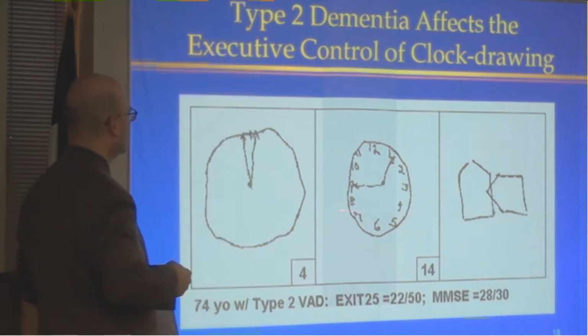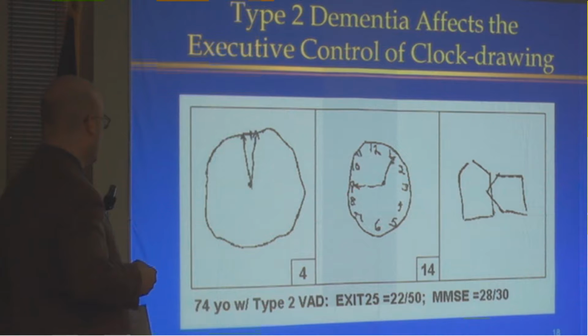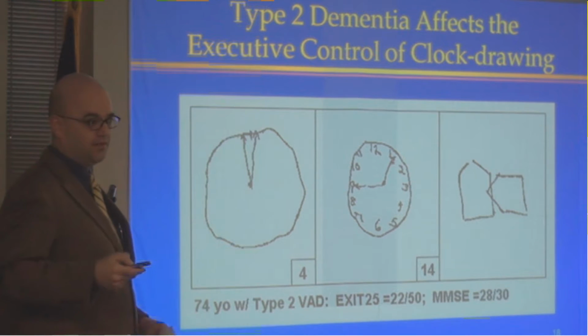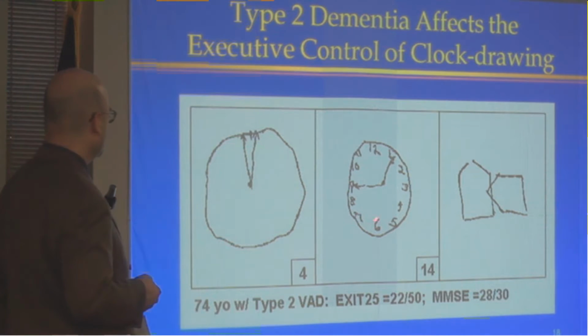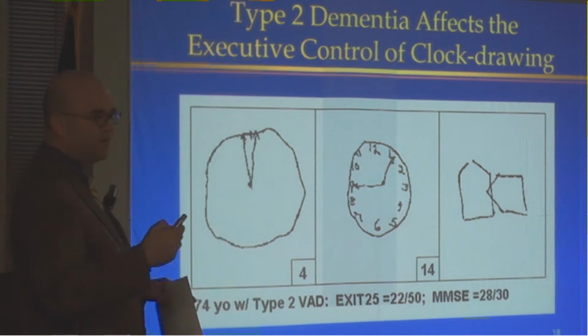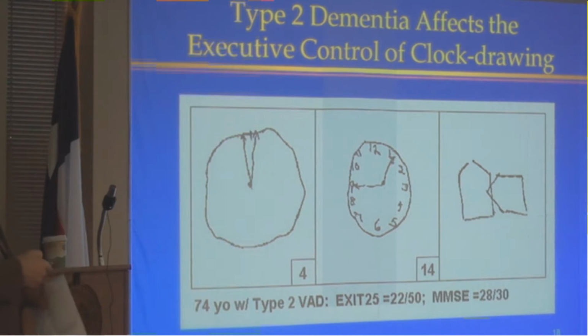So the right parietal cortex is intact, and he's able to draw the clocks very well. Unless he has an infarct in the right parietal cortex, then he will be impaired. But this is an illustration of how this can sometimes help you differentiate a patient with type 2 vascular dementia. Usually these patients also have a very high exit score because it evaluates very sensitively the frontal subcortical structures on the exit.